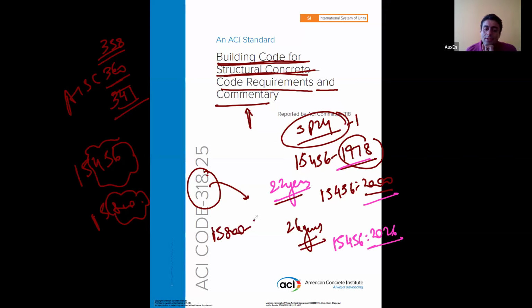IS 800 was in 1984, then you didn't have any revision, and then you got the revision in 2007, isn't it? So 23 years again. Somehow the Indian Standards Committee takes a very long time in revisions. And then they don't come up with commentaries also.